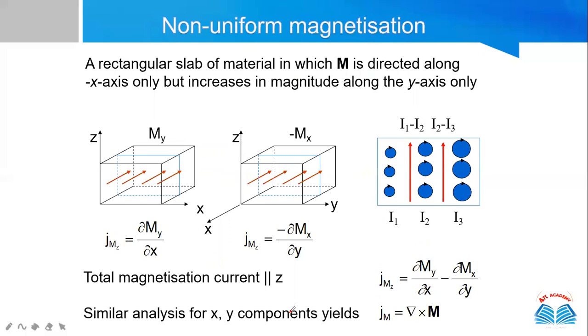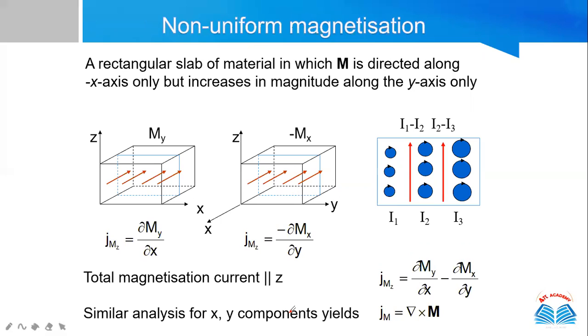Now, for non-uniform magnetization, I have told you that if magnetization is taking place in the y direction, then we say My is the magnetization. If in the x direction, then Mx is the magnetization. But what about the current density? Will it also possess directions? No, it will not.